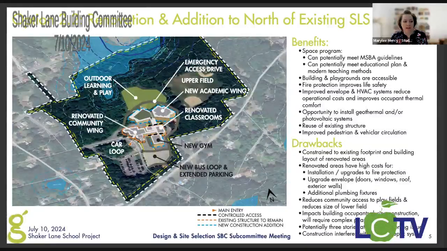However, we are building onto that slope, which means that when you come in the front door and you make your way back here to the academic wing, you would be entering this on either the middle floor of a 3-story addition or the top floor of a 2-story addition. And so that means that you'd get kids going downstairs or upstairs or both.